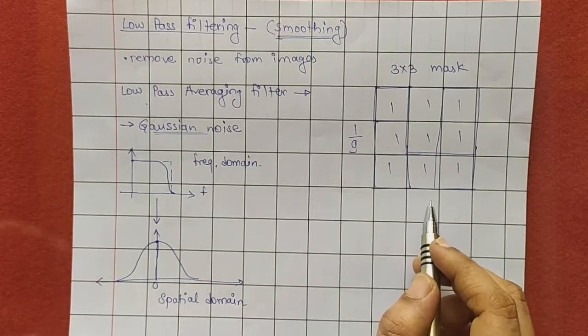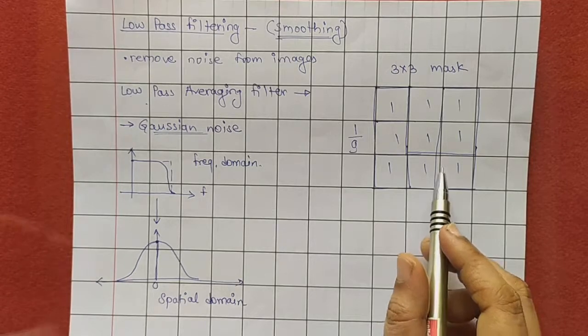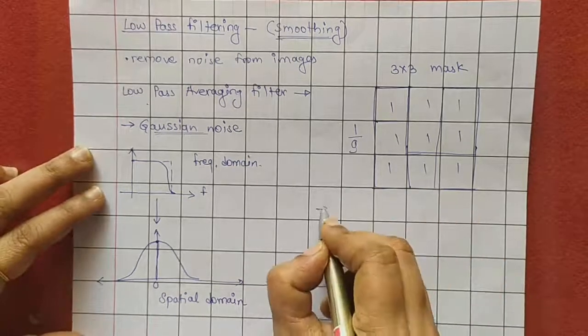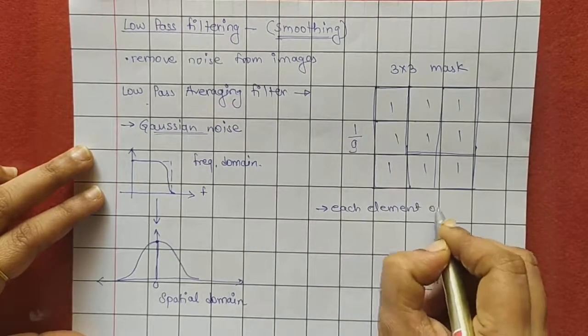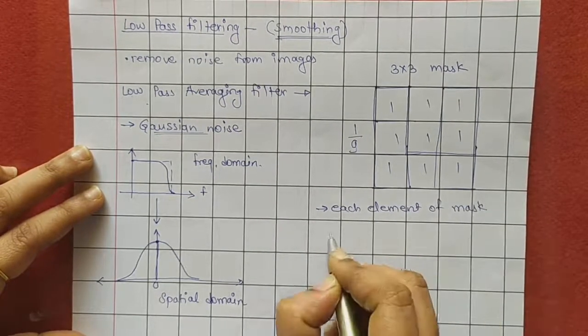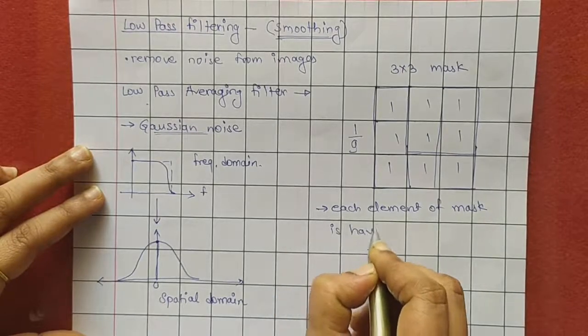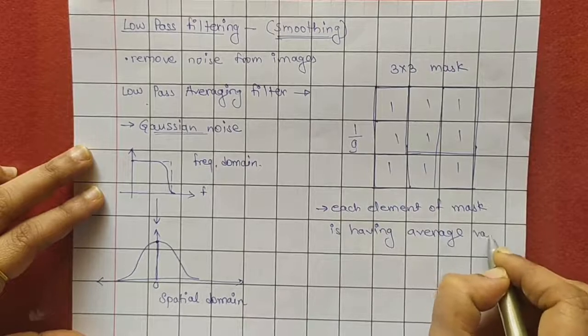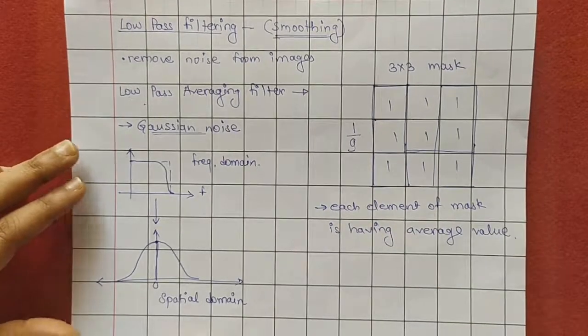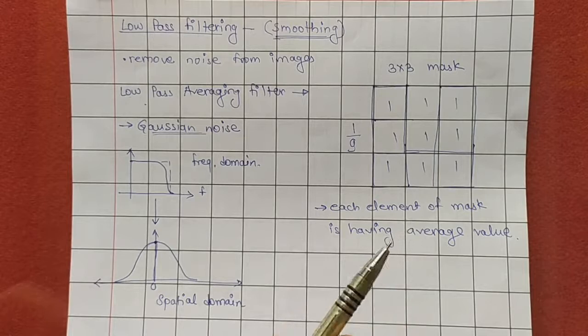As the name suggests, each element of the mask has the average value, and that's why it is called an averaging filter.